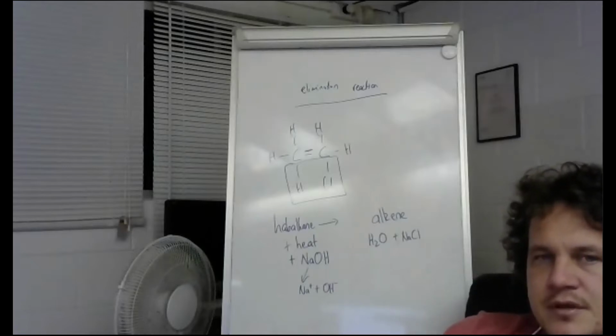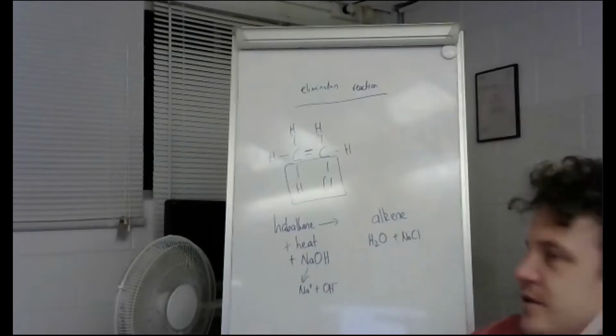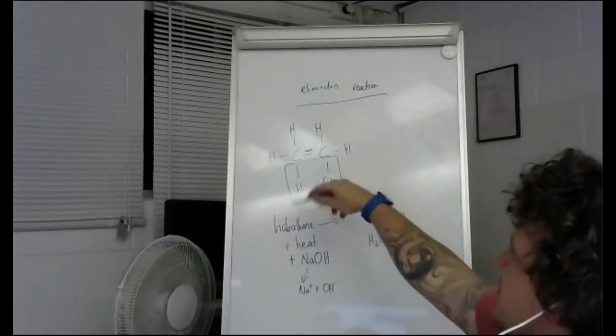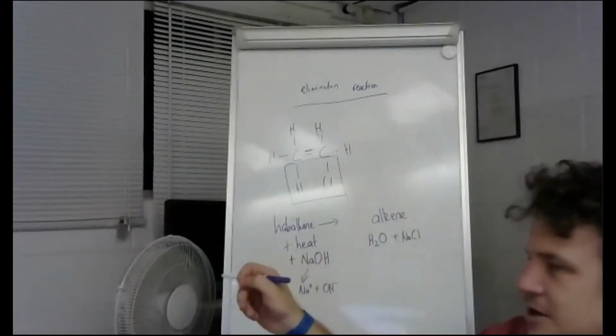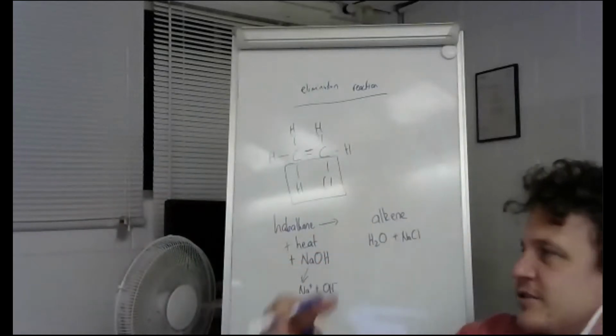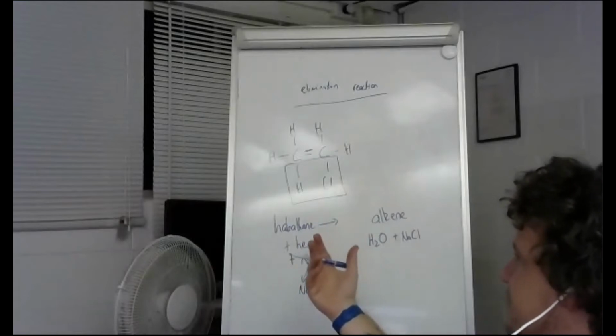So in the elimination reaction, we're eliminating molecules to reinstate the double bond. So we can go from a haloalkane to an alkene.